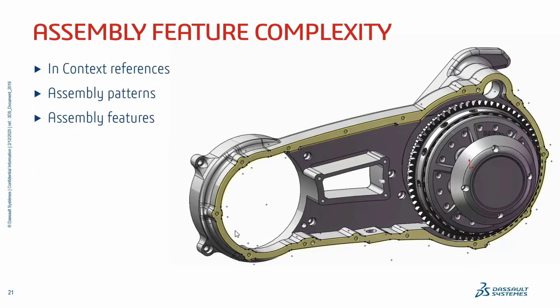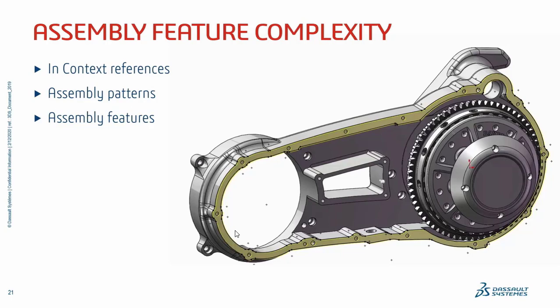The next one is the assembly feature complexity. When you are creating any assembly, if you take the reference of other parts' geometry, and when you load those two components in the assembly, it takes the reference of it.